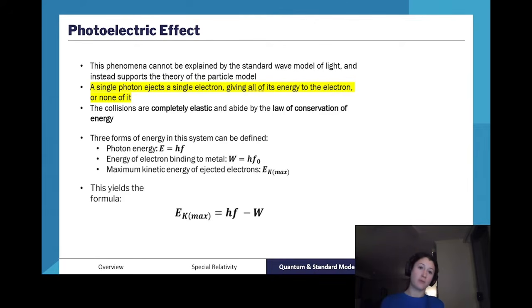Then we have the maximum kinetic energy of the ejected electrons. So, our maximum kinetic energy is going to be however much energy the electron was given minus however much it took for it to just jump out of the metal, and that's what it's going to be left over with.